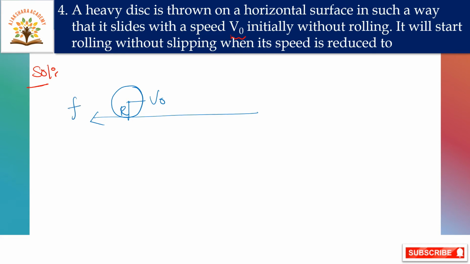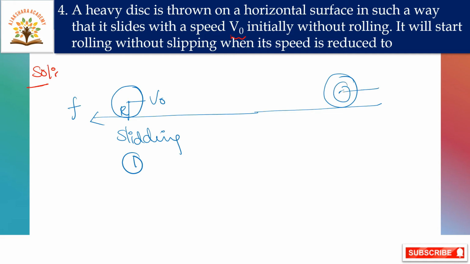Here this is the situation: sliding, and after that with speed v, it is rolling, initially without rolling.